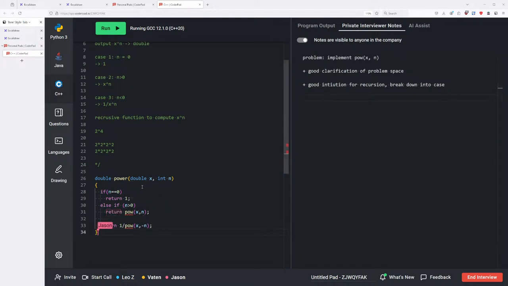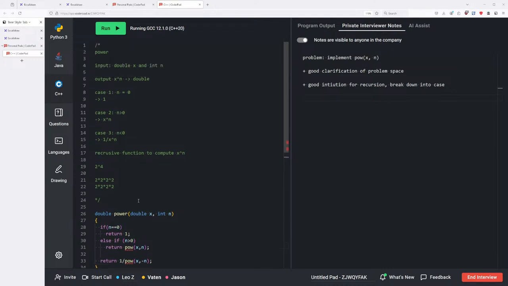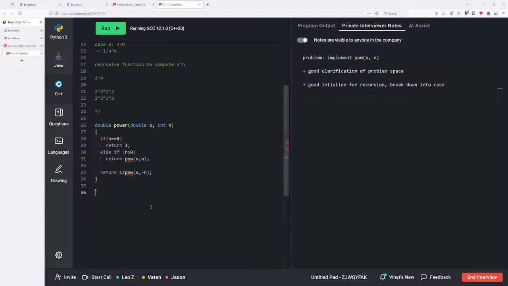Yep. One thing I want to ask, which I'm not sure if you said explicitly: does the sign of the x matter? Not saying it does, I just want to be specific about that. The sign of the x, like positive or negative? Yeah, it should matter actually. If we're doing negative 2 to the power of 2, then that would become positive, right?